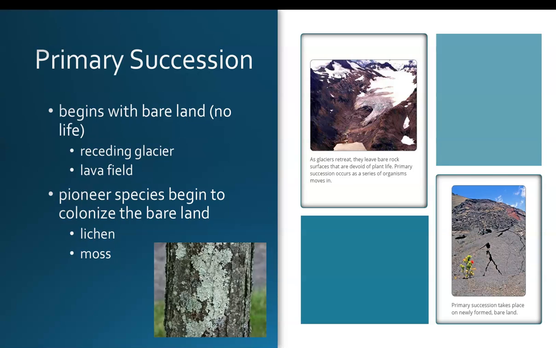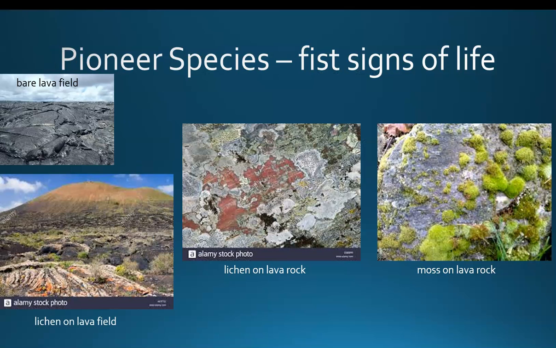So like I said earlier, pioneer species are those first types of plants that are going to come into an ecosystem or bare land and start to colonize that bare land. And you can see here a picture of a bare lava field. And then you can see over time, if the bare lava field is left alone, you'll see lichen start to grow on the lava field.